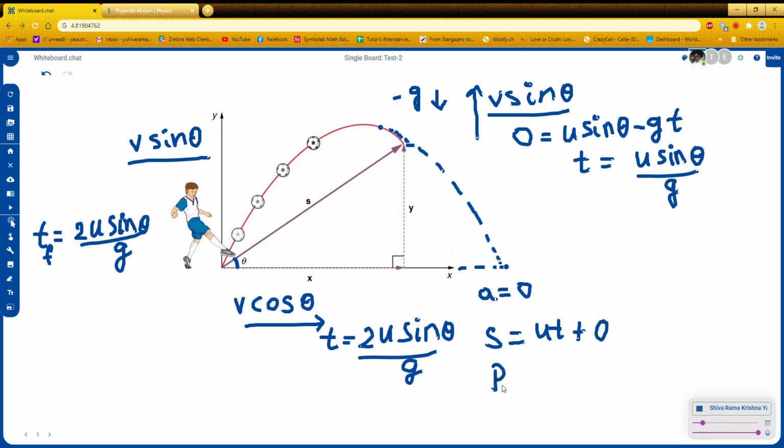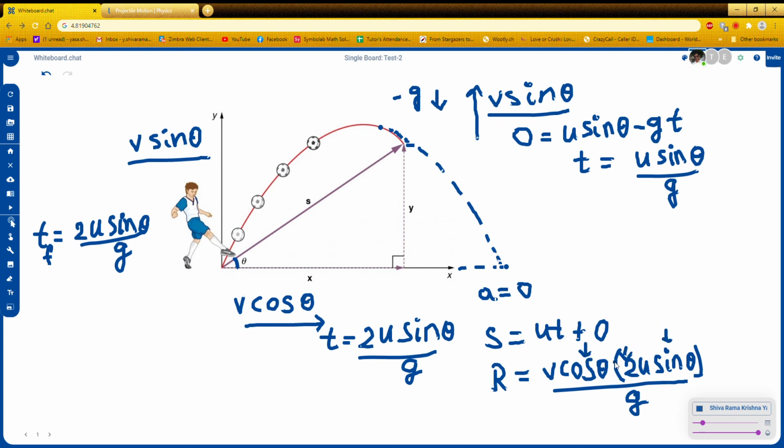So range is the total distance; u means initial velocity, and that will be the same as final velocity, because at any instant the velocity in the x direction will be the same. So range is v cos theta into time, that is 2u sine theta over g.